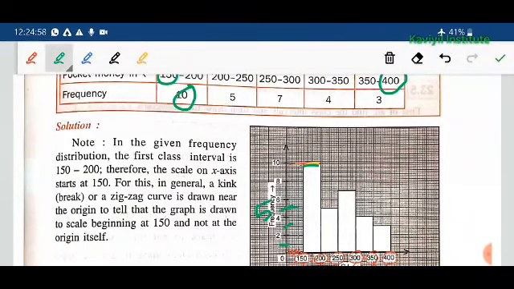So we'll just draw it accordingly. See, 5. Okay, and the next one is 7, 6 and 7, middle of it. Then 4 is directly here, and 3 is just after. So 3 is here.